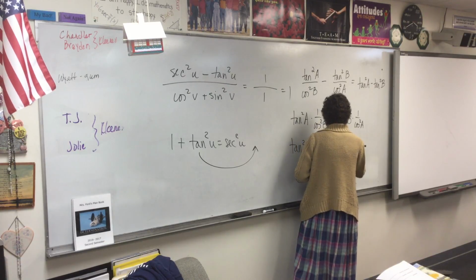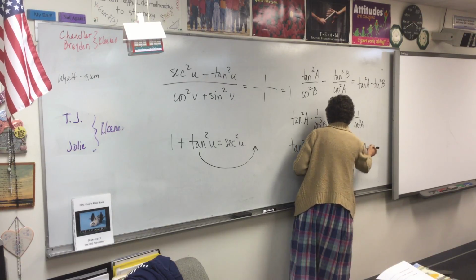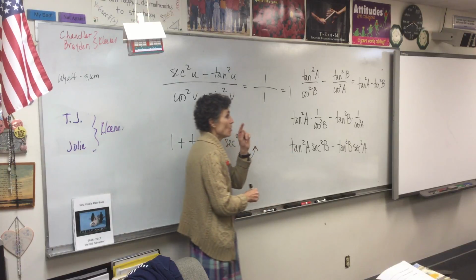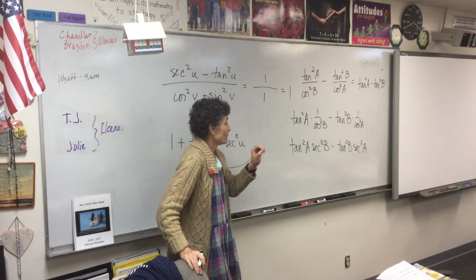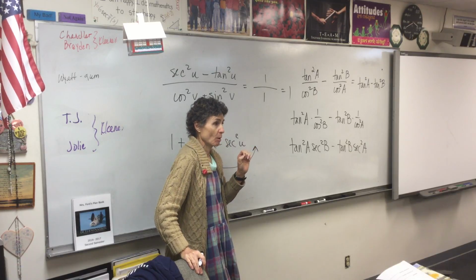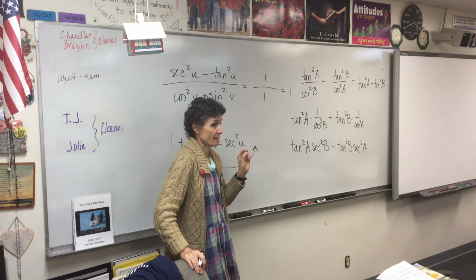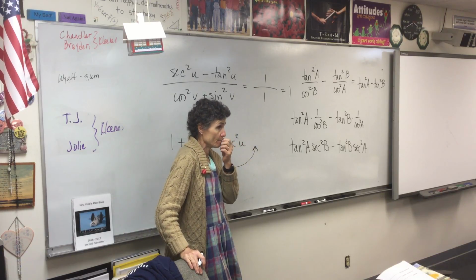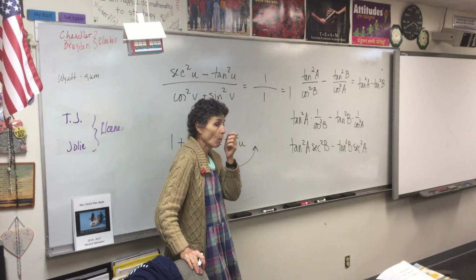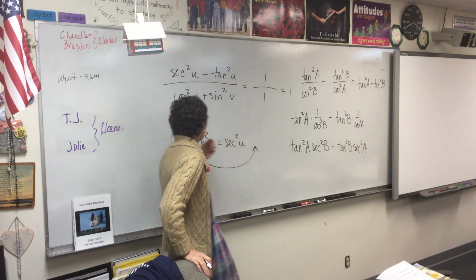Now, can anybody tell me why I would want to do that? Why am I very comfortable with a secant squared in this problem? I did not like the cosine, but I made it a secant, and now I'm very comfortable. Why? What about secant squared?